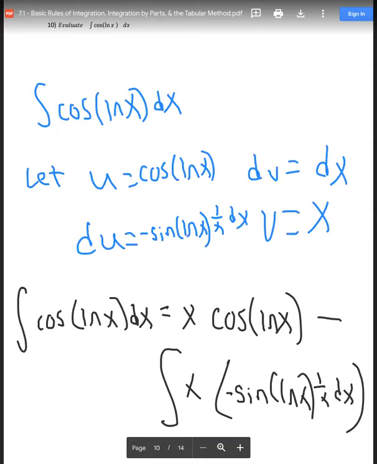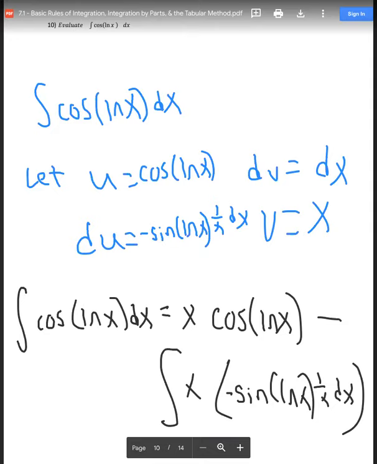A lot of x's. So at this point, I don't know if you guys remember this from class, but sometimes you actually have to do the rule twice. So you have to do integration by parts twice in order to get the answer.